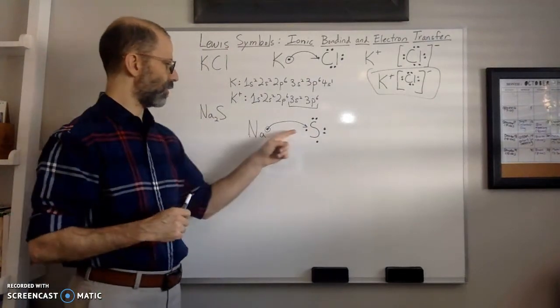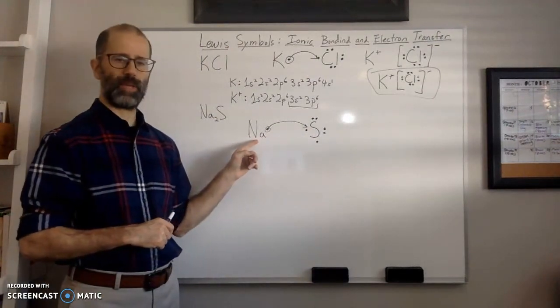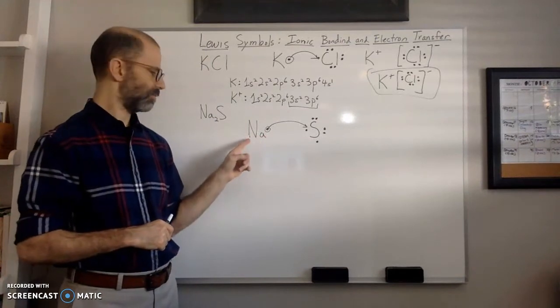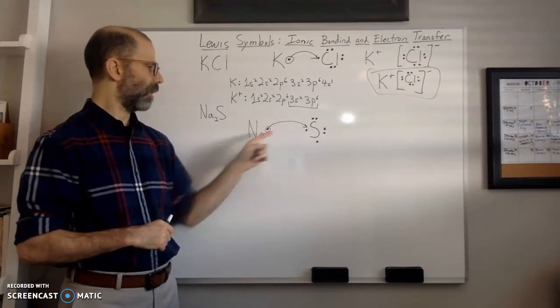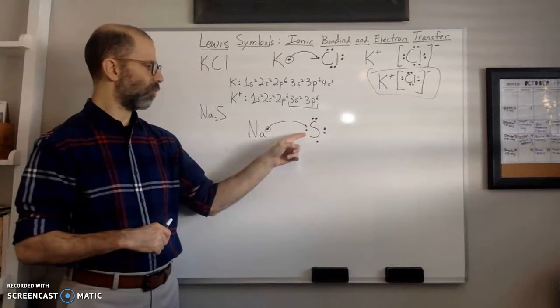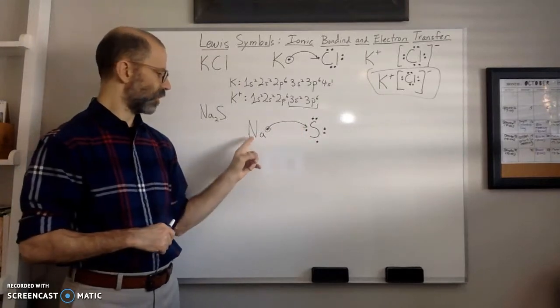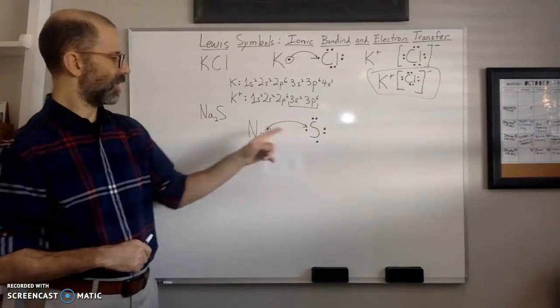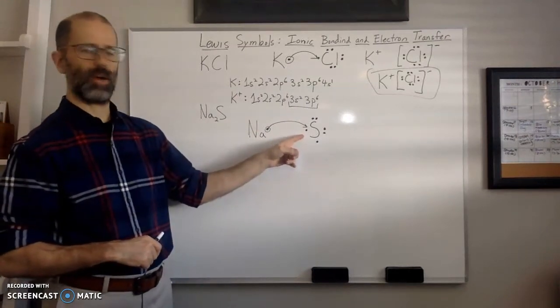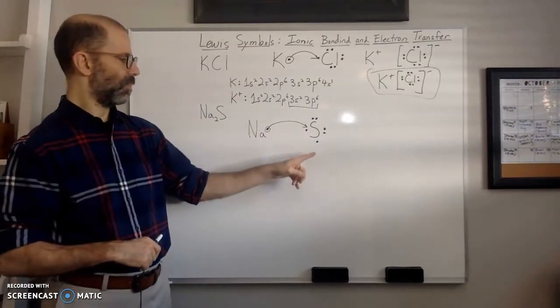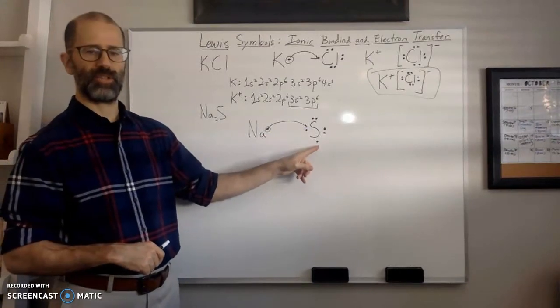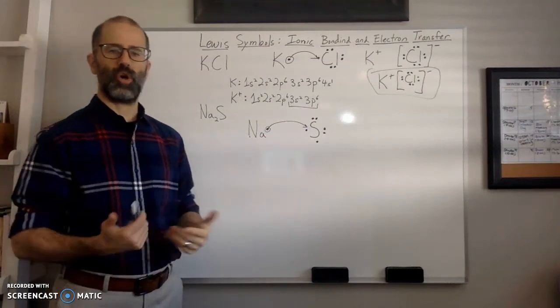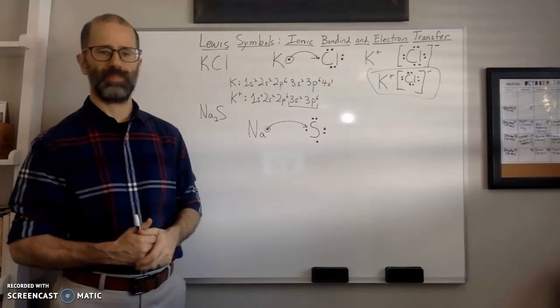Now sodium will be happy with its octet. But sulfur is not happy yet, because it has a paired electron here, but it still has an unpaired electron, so it wants one more electron. So where is that electron going to come from?